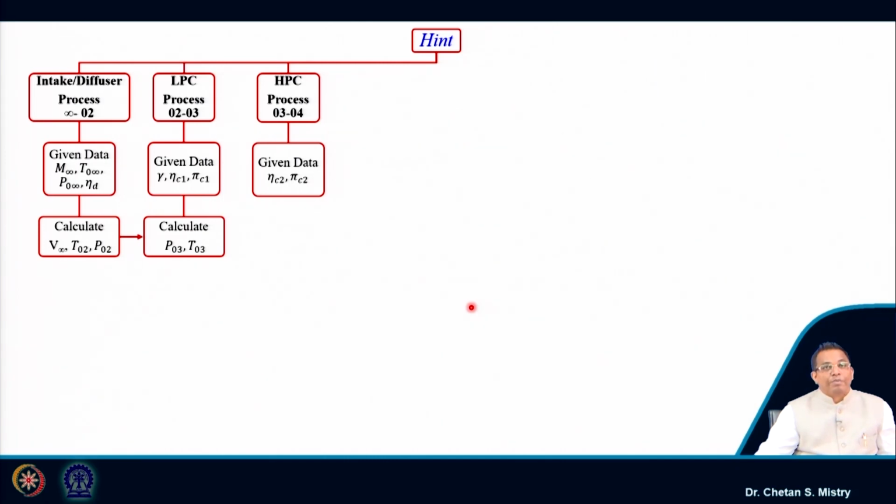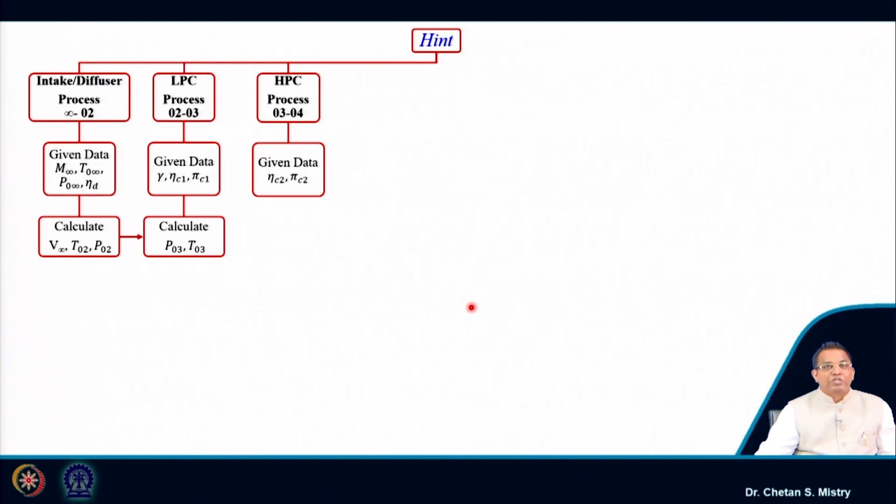So, the compressor efficiency we are basically assuming. The same way, the LP compressor ratio and HP compressor ratio also we need to assume, because for the specific or special thrust requirement we need to have these numbers.